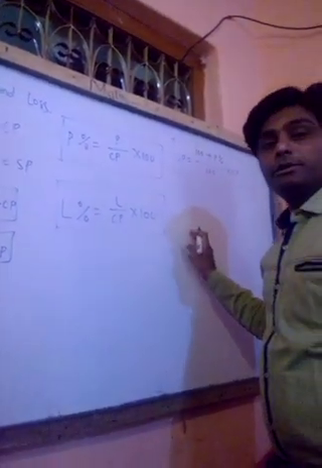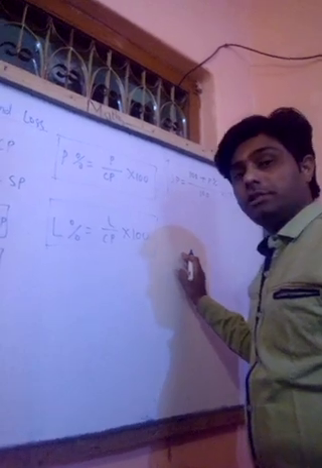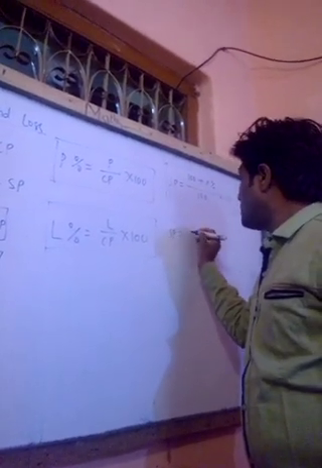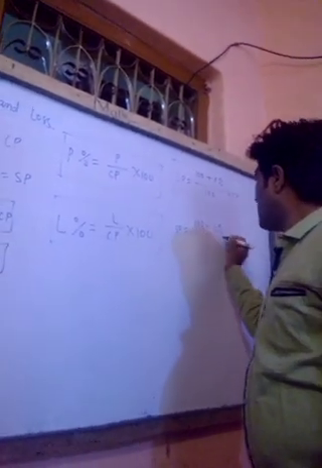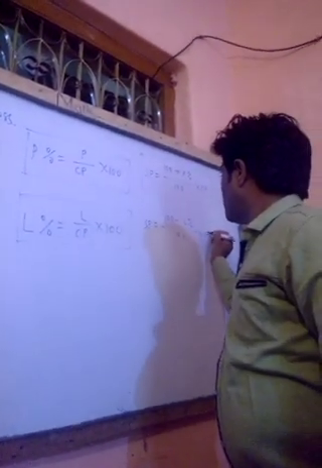So the formula is SP equals 100 plus profit percent upon 100 into CP. If I know the loss, the formula will be 100 minus loss percent upon 100 into CP.